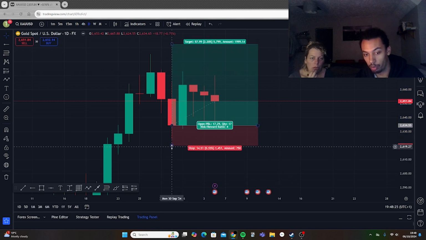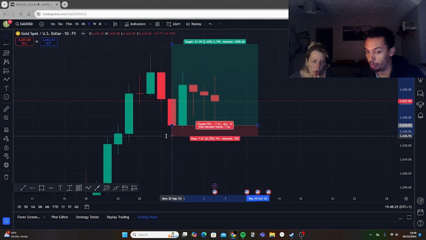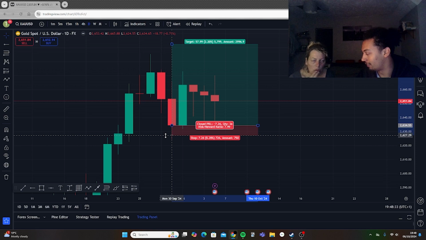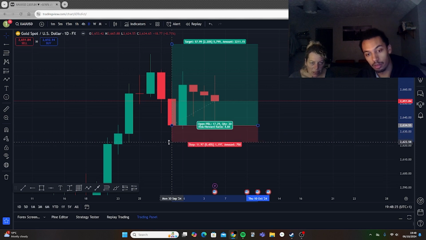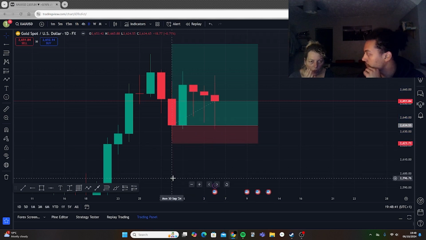And the same is also true if I move this. Because if I'm risking less, my risk to reward is higher. Does that make sense? So if you're risking less, your risk to reward goes higher.